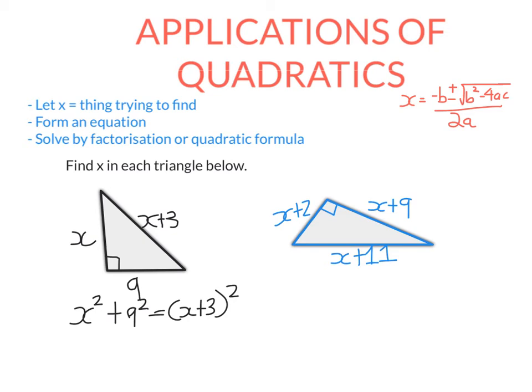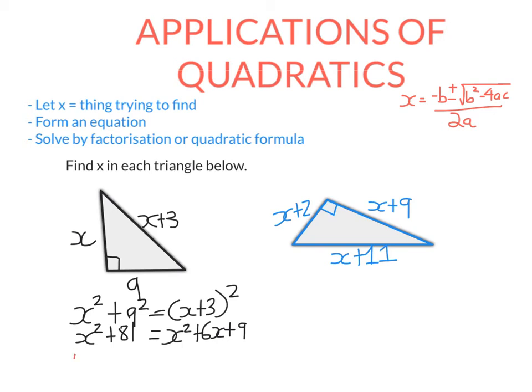So what I'm going to do is first expand these brackets over here. Expanding those brackets, using FOIL, you should get x squared plus 6x plus 9. So I've got x squared plus 9 squared, which is 81, equals x squared plus 6x plus 9. To solve this equation, I need to make one side equal 0.